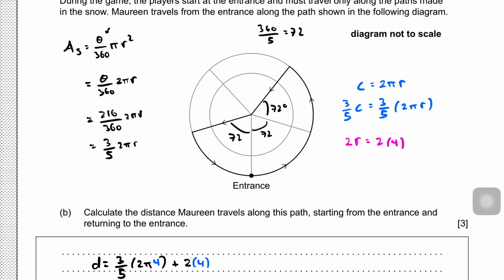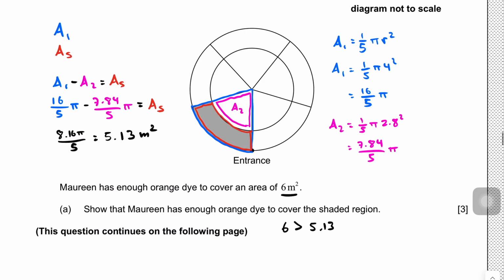If we wanted to, we could use arc length. Just like above, we could have used the area of a sector formula as well. It would have been 72 out of 360 pi r squared. That is to say, we have 72 degrees out of a total of 360, which relates once again to 1/5.